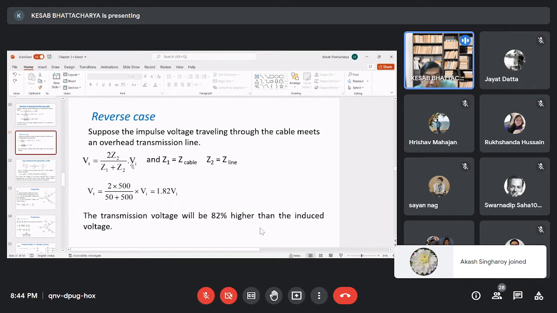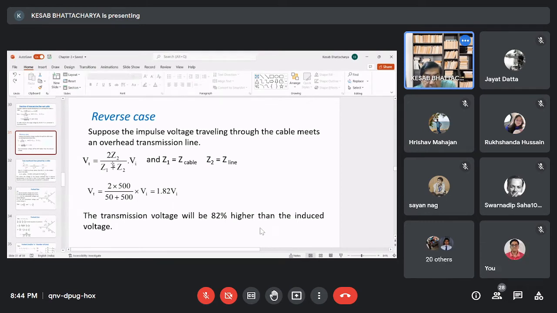Only thing is this time Z2 will be more, that is 500 ohm, and Z1 will be less, that is 50 ohm. Therefore, Vt becomes 1.82 Vi. That is, the transmitted voltage will be 82% higher than the incident voltage. Do you understand this point or not? You tell me.